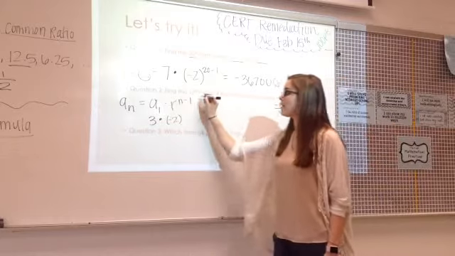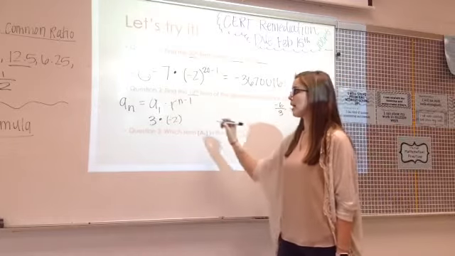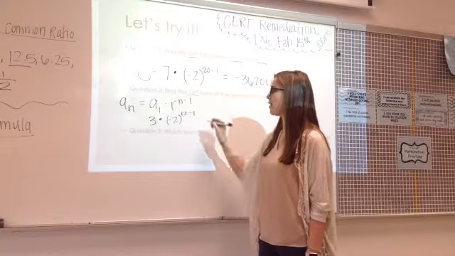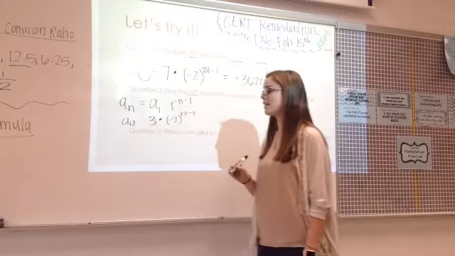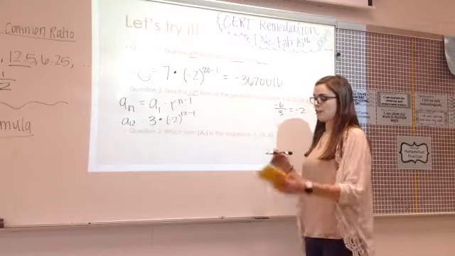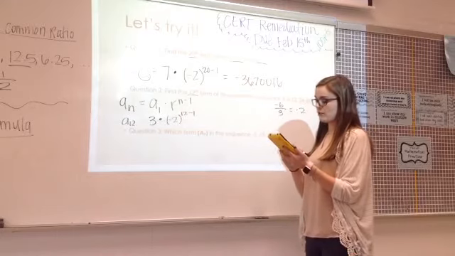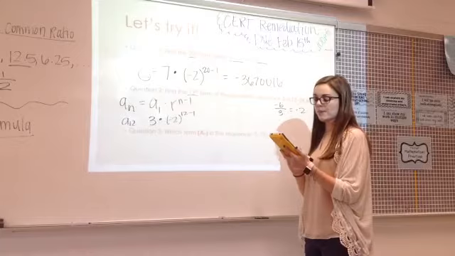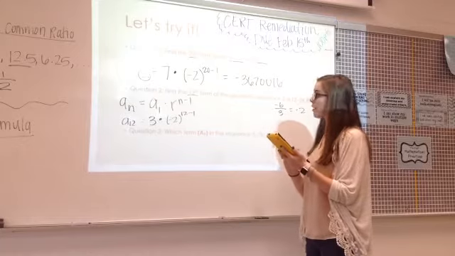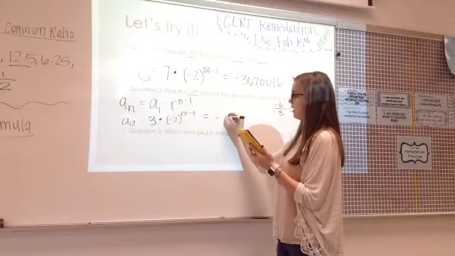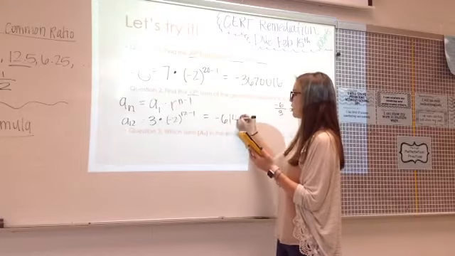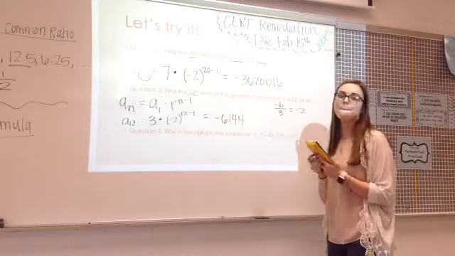It's telling us to find the 12th term, so that means that we're doing 12 minus 1, and that should give us a sub 12. So you go in your calculator, -2 raised to the 11th power times 3. And we should have got -6,144.